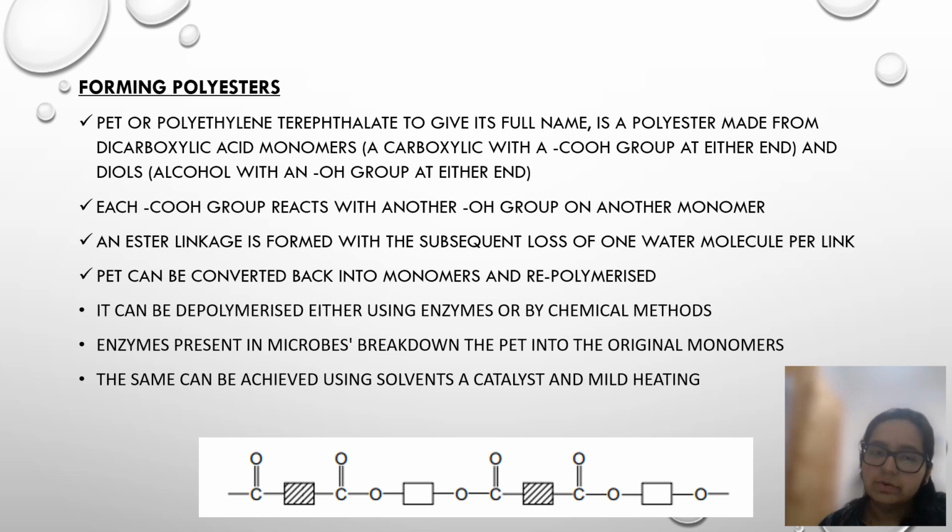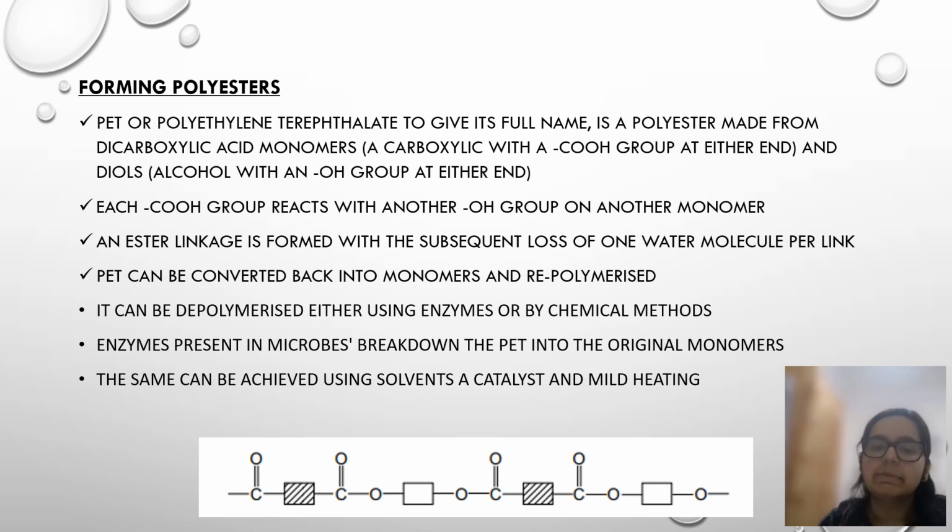Now each COOH group reacts with another OH group on another monomer, and an ester linkage is formed with the subsequent loss of one water molecule per link. So each link is going to give us a water molecule, and we can look, this is the OH part from which the H has been removed, and from the COOH part OH has been removed, which forms one water molecule, and each linkage is therefore leading to the formation of one water molecule.